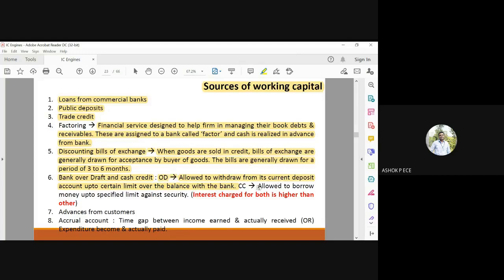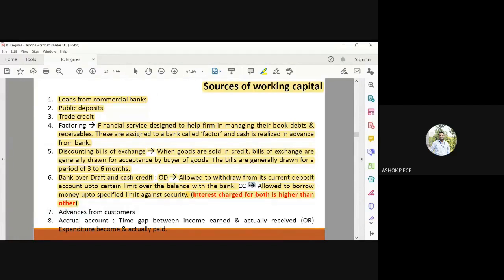Cash credit allows you to borrow money up to a specified limit against security. You pledge something and you get money; that is cash credit. The interest charge for both is higher than the other sources. The normal interest rate over these OD and CC will be higher. It is just for emergency purposes.